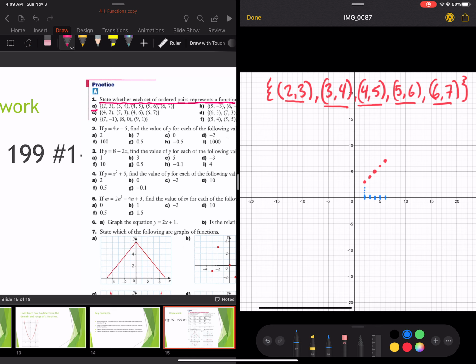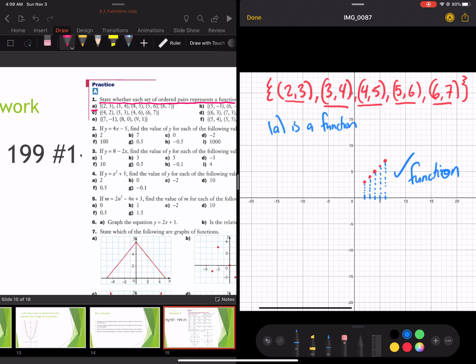If there's only one value at these x values, then I have a function. So 1a is a function.